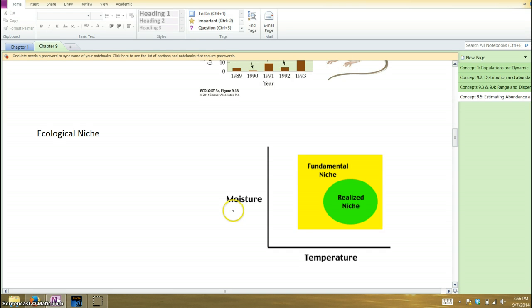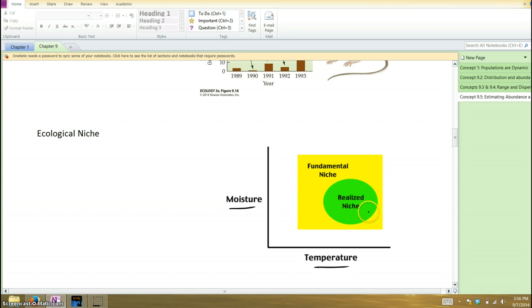Here you can see we just have two conditions, moisture and temperature, and if we put them on a graph, we can see that there is a range of these conditions that are favorable for this hypothetical species. Now, we can often think of this as what we call the fundamental niche. That is, that's where the species could live as long as all conditions are just ideal.